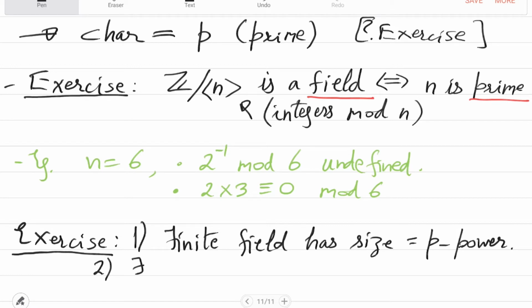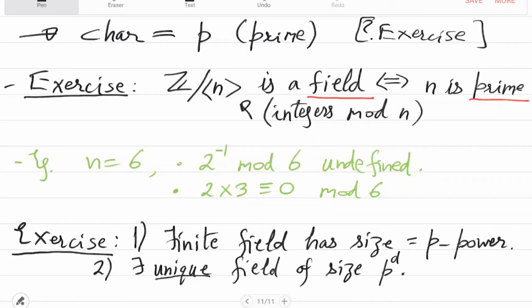So there exists a unique field of size p to the d, and this unique field we will denote by F_{p^d}. Okay, so one construction of this F_{p^d} is just F_p[x] modulo a degree d irreducible.